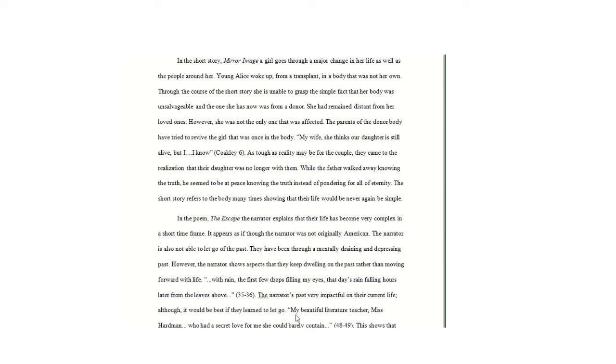Colon or comma here. Quote, "my beautiful literature teacher, Miss Hardman, who had a secret love for me she could barely contain." All right. Not sure if that's speaking towards what they just said. I'm not sure any of this is speaking precisely towards, maybe in some way, towards the actual original thesis statement. So there's some imprecision going on here.